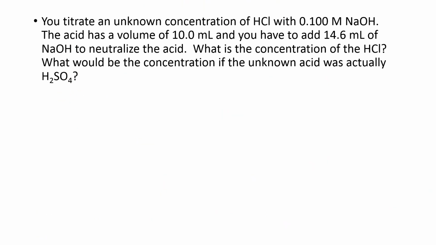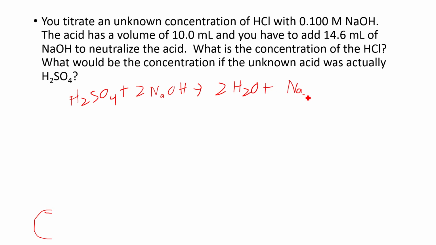Okay. So we'll rewrite our balanced chemical equation really quickly. We have H2SO4 plus 2 sodium hydroxides. We're going to make 2 waters plus an Na2SO4, a sodium sulfate.